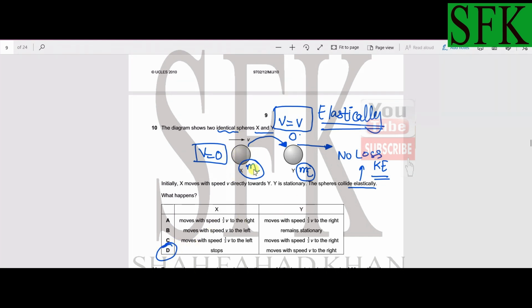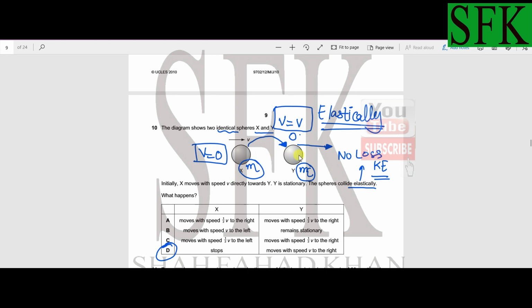Guys, if x would have been massive, then what would have happened is that both x and y would have started moving towards the right. And if x would have been lighter, then it would have rebounded in the opposite direction.